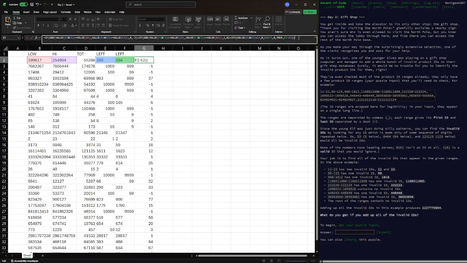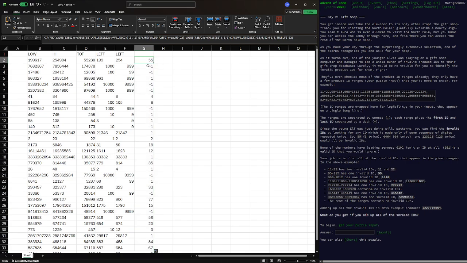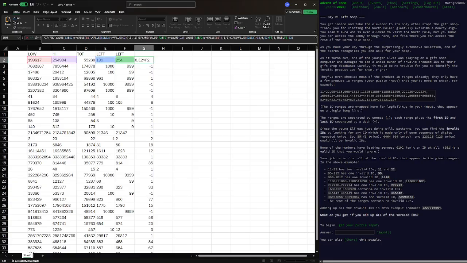It should just be this. Oh, I need to do value of E2 is greater than value of F2.